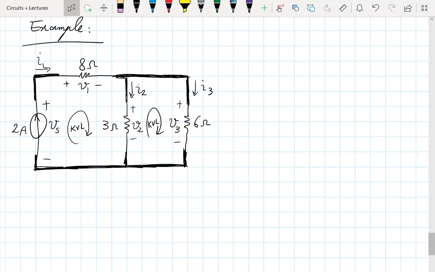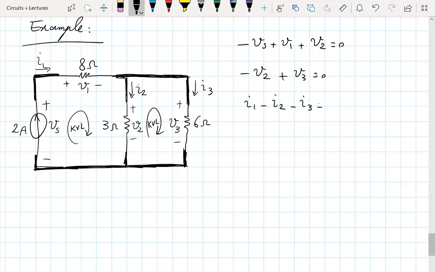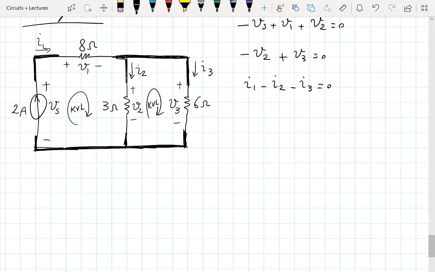All right, so let's write the equations. KVL gives me minus Vs plus V1 plus V2 equals 0, and minus V2 plus V3 equals 0. KCL gives me I1 minus I2 minus I3 equals 0, and I can write that at the node at the bottom, that's the same thing, and also 2 minus I1 equals 0.